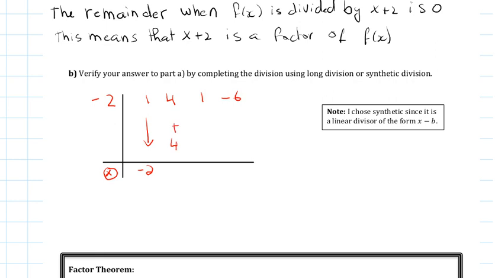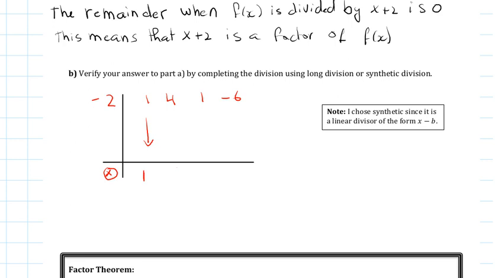Oh, I don't know why I wrote negative 2 here. Let me just erase this, one second, guys. Sorry, I made a big mistake.